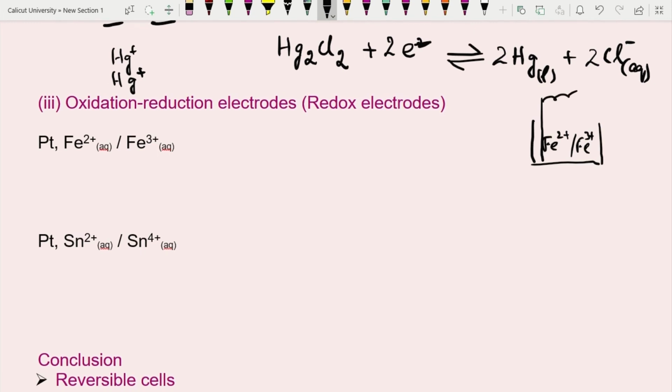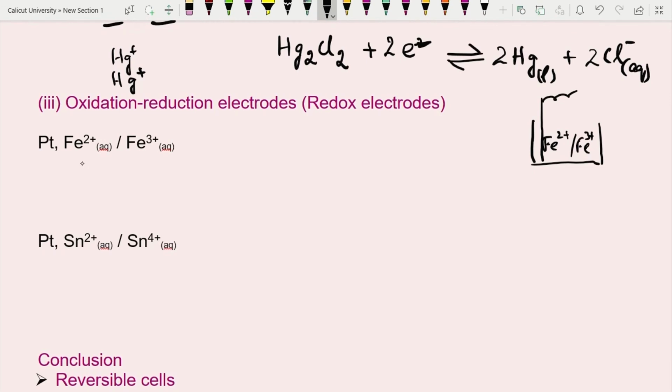So, for that you insert an unattackable metal, and usually that is platinum. In both cases, you can take either ferrous or ferric, or stannous or stannic. This makes a redox system. So, in the redox system, I insert a platinum wire, and you get the redox electrodes or oxidation reduction electrodes.